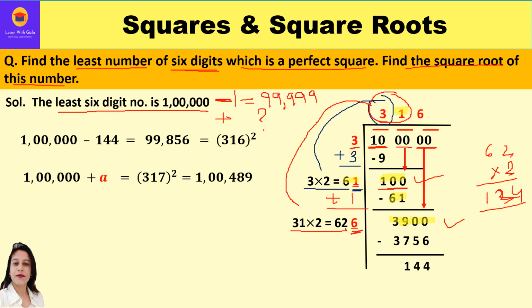Now think of a number what should come in the blank, so that our divisor 6 to 6 multiplied by the same quotient gives a product which is equal to or less than 3900. So I took 9 as a number from which I am getting the product 3756, and when I subtract it I'll get a remainder 144, right?